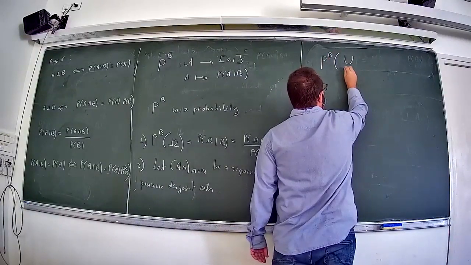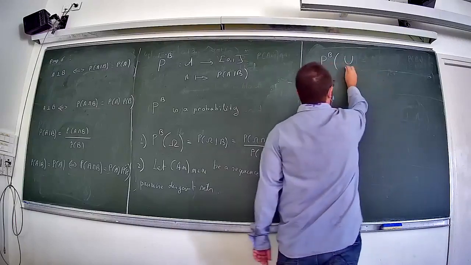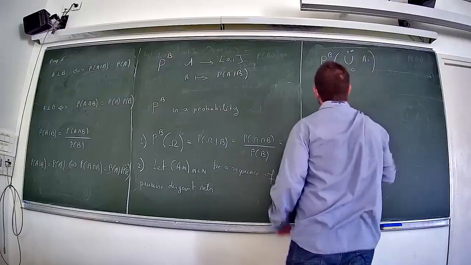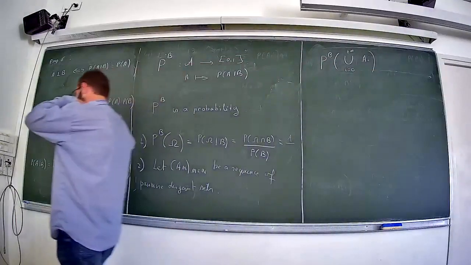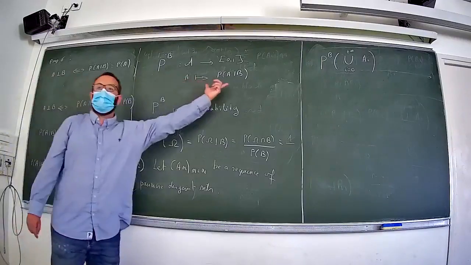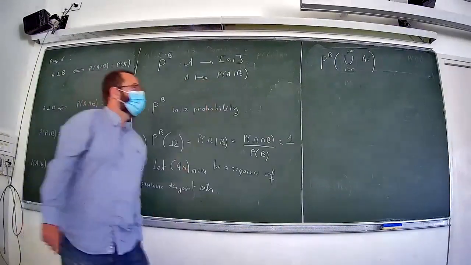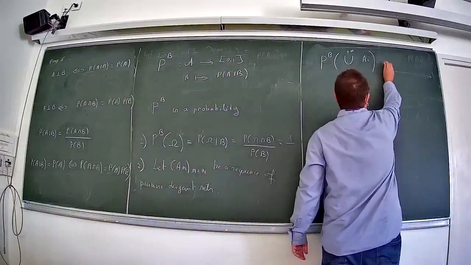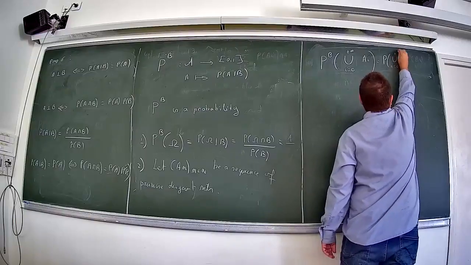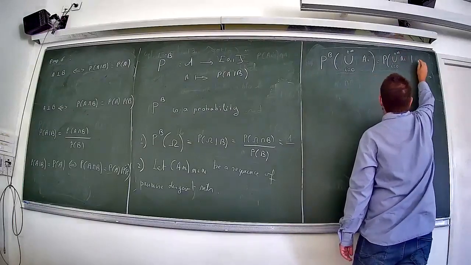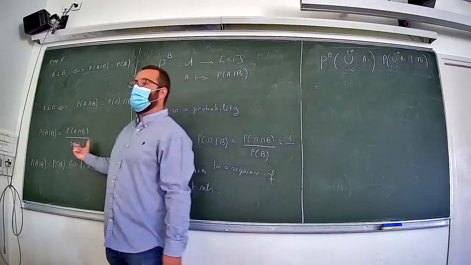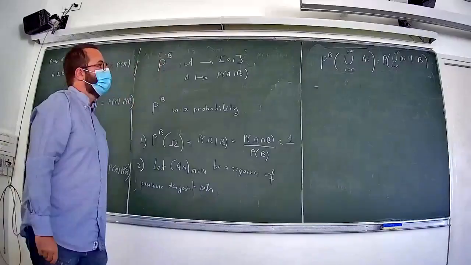of the union. So I use the same notation here. I am interested in this one. What can I do to start with? I can just use the definition of P_B. So by definition of P_B, this is equal to the conditional probability of my union given B, and I have the definition of the conditional probability.